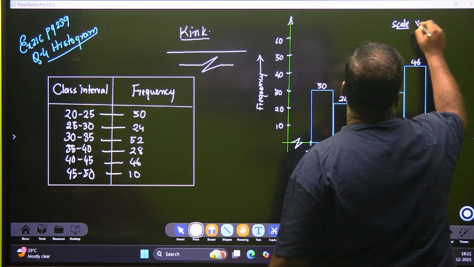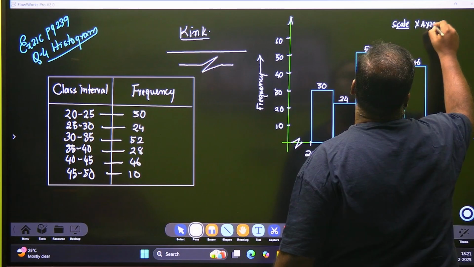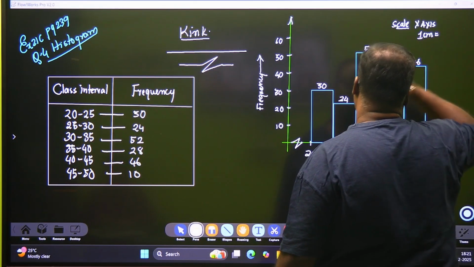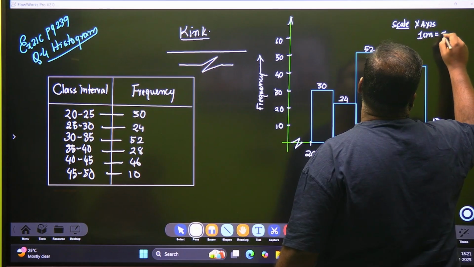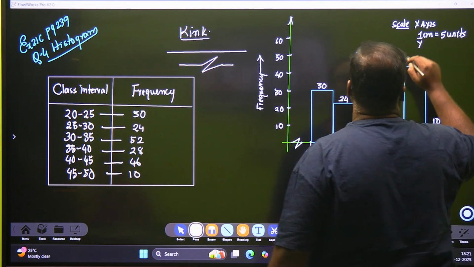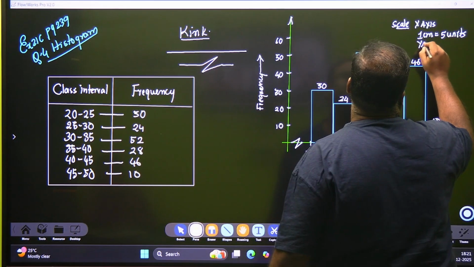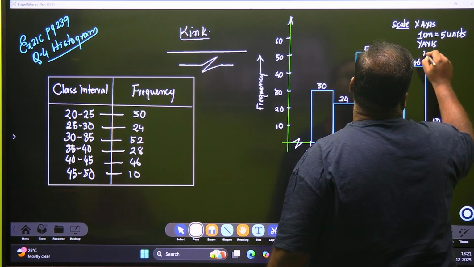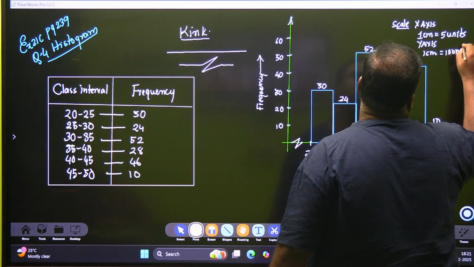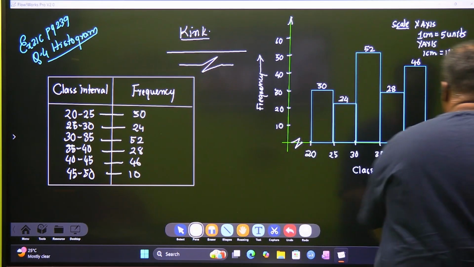Scale, x-axis: 1 cm represents 5 units. And y-axis: 1 cm represents 10 units. That's it. The scale is done. So let's go to the next one quickly.